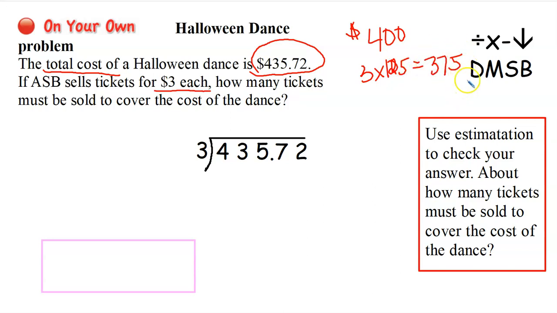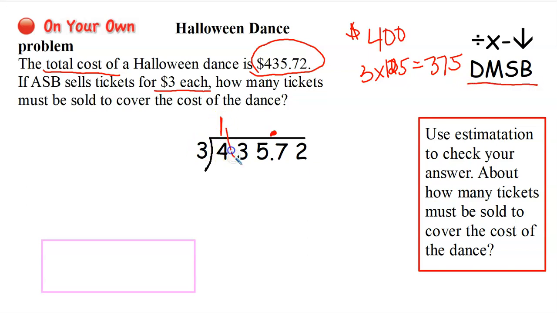So I'm going to say my estimate is about 375 tickets. Okay, so the first thing I do is I just look at where the decimal is in the dividend, and I put it right above on the quotient, right? The quotient is the answer that you get from a division problem. And then I'm going to use my divide, multiply, subtract, and bring down.